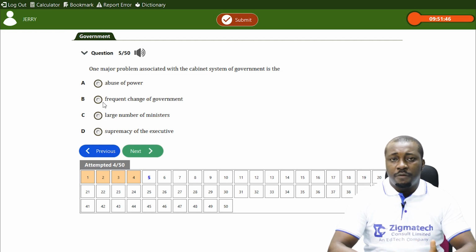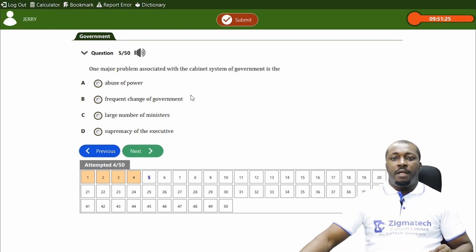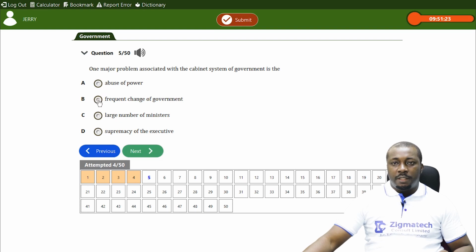Remember, when you pass a vote of no confidence against the executive, the entire members of the executive will resign. So this system runs the risk of frequent change of government because of this vote of no confidence that can be passed on the executive. So that's the answer.